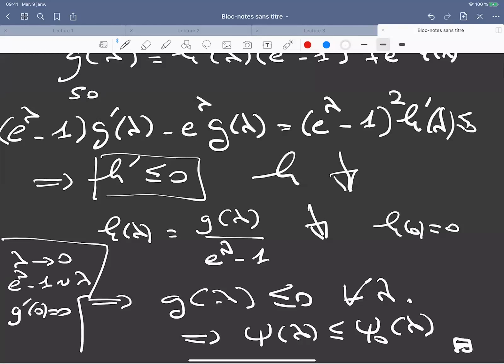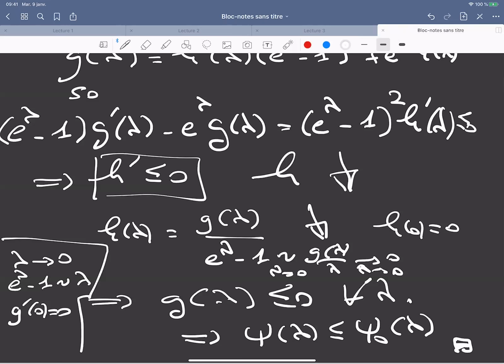So the derivative has to be equal to 0 at 0. And so when you look at now this quantity, it is equivalent to J of lambda over lambda as lambda goes to 0. And so it tends to 0 when lambda tends to 0. So this means that H tends to 0 as lambda tends to 0. So when you define H at 0, you define it by 0, of course. Okay?